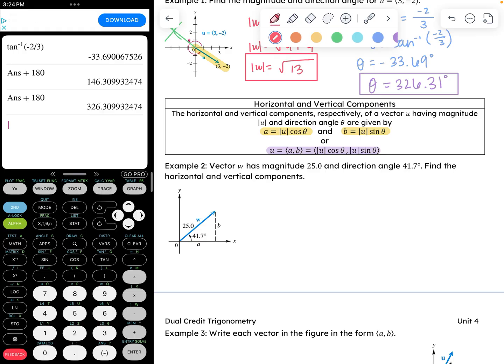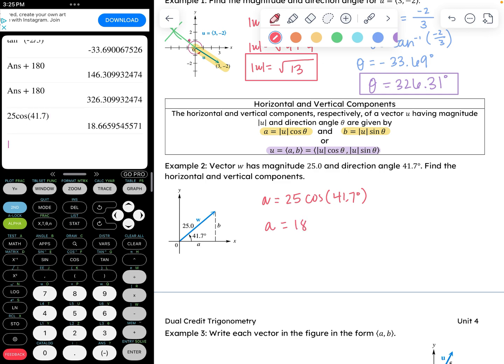So to find my horizontal component, my A, I'm going to do 25 times the cosine of my 41.7 degrees. So I'm going to plug that into my calculator, 25 times the cosine of 41.7 degrees, and I get 18.67.